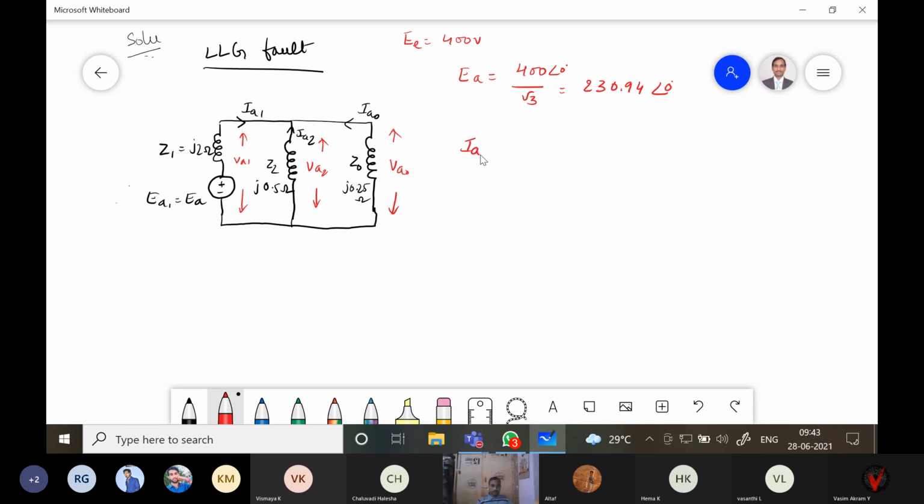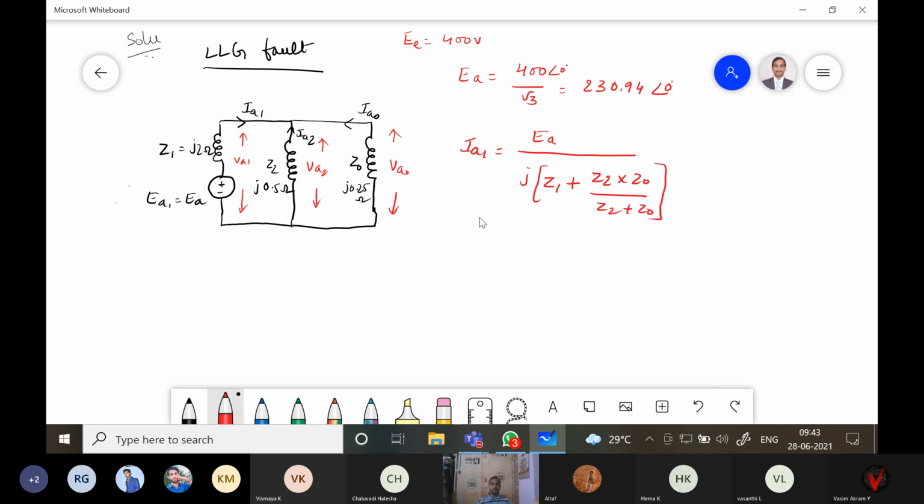So calculate IA1. IA1 is equal to EA divided by J into Z1, which is in series with the parallel combination of the other two impedances, Z2 into Z0 by Z2 plus Z0.